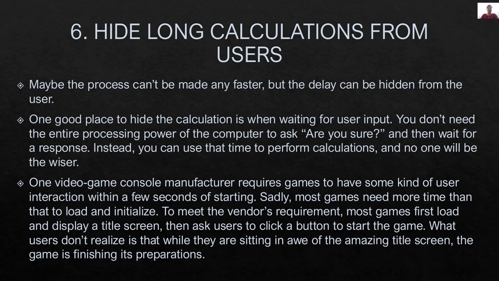What users don't realize is that while they are sitting at an amazing title screen, the game is finishing its preparations. It's one of the optimizations. So the sixth optimization would be: hide long calculations from the user.